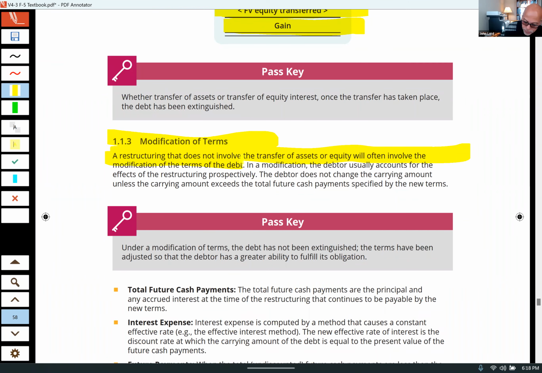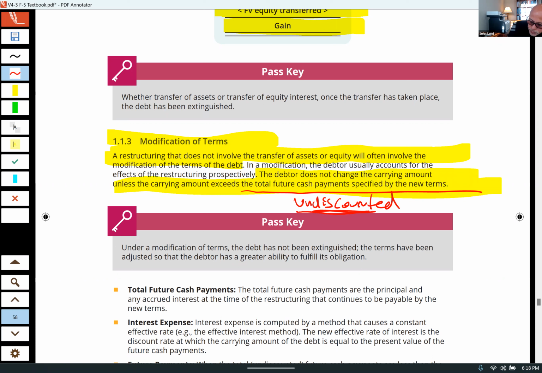So the debtor does not change the carrying amount unless the carrying amount exceeds the total future cash payments. And when we say total future cash payments, that's undiscounted, no discounting there.